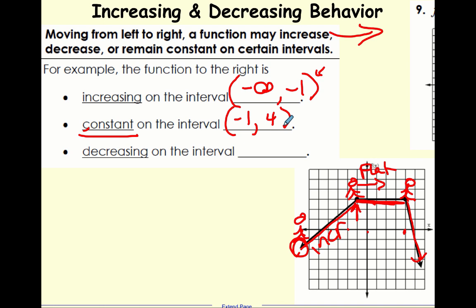And then finally, let's look at that last interval. We know it's decreasing, and so x is at 4 when we start decreasing, and then it goes towards negative infinity. And of course, infinity always is going to get a parenthesis. But again, at 4, it's not technically decreasing. As soon as we get past the 4, then it actually is decreasing.